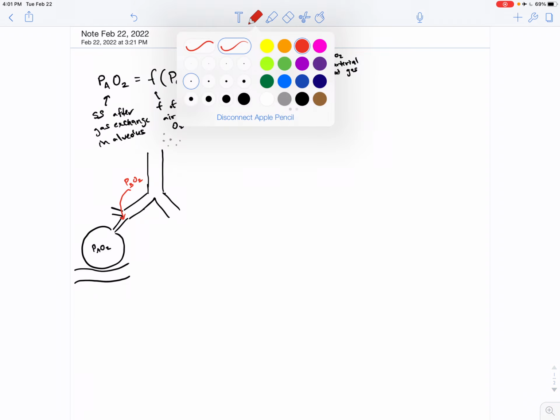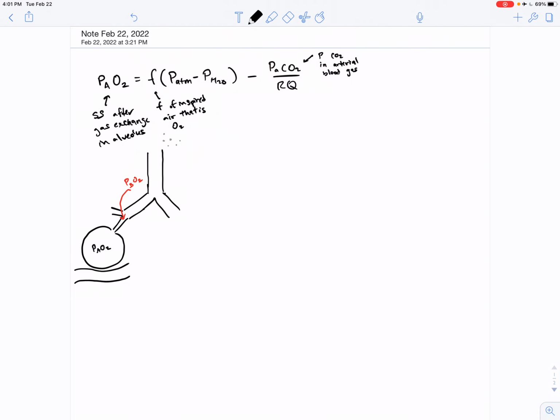A quick side note, just to elucidate some of the aspects of partial pressure. Remember that pressure is related to density or to concentration by the ideal gas law. So PV is equal to nRT. We can realize that partial pressure, or P, is going to be related to n over V times RT. And n over V, the number of moles over the volume, is a measure of concentration.